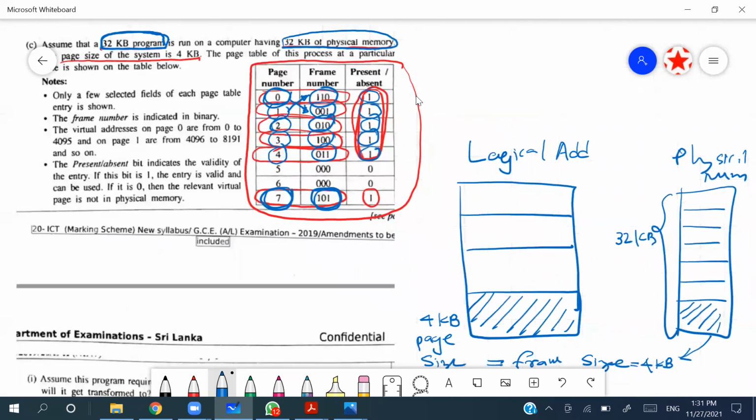So in other words, logical memory is also as big as 32 kilobytes. Are you clear with these things, people?